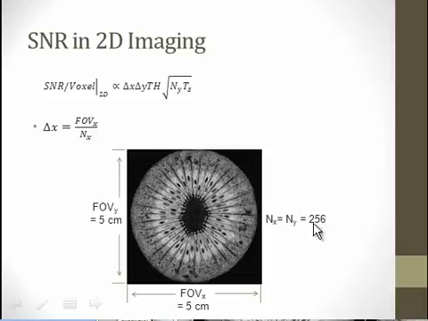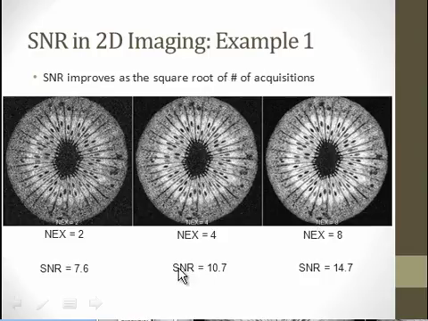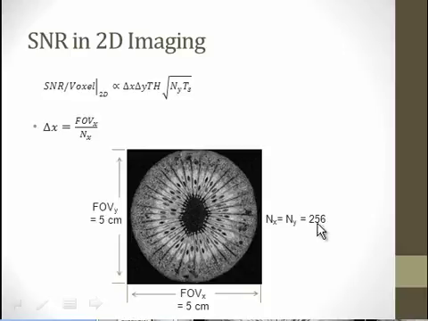I think we've talked a little bit before about why we would choose 256 or 128 or 64: those are powers of 2, and the fast Fourier transform likes powers of 2. When the fast Fourier transform operates on data sets that are powers of 2, it's an efficient operation, which makes the reconstruction process faster.